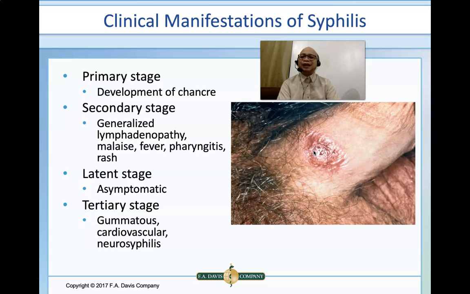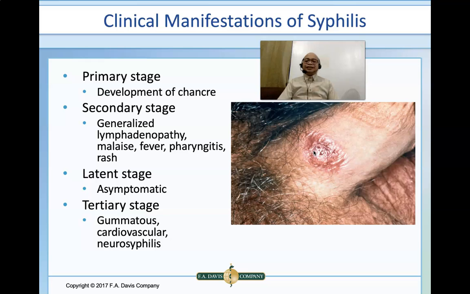After the primary stage, we have the secondary stage, wherein generalized lymphadenopathy, malaise, fever, pharyngitis, and rashes are apparent. Rashes all over the skin appear, even on the palms and the soles of the feet. Usually, the latent stage is asymptomatic.